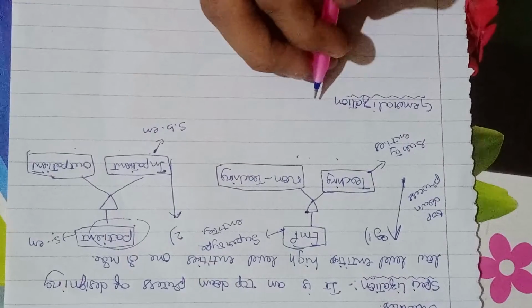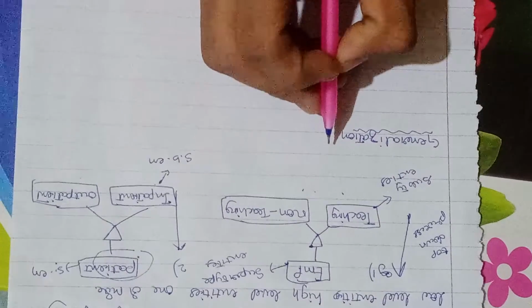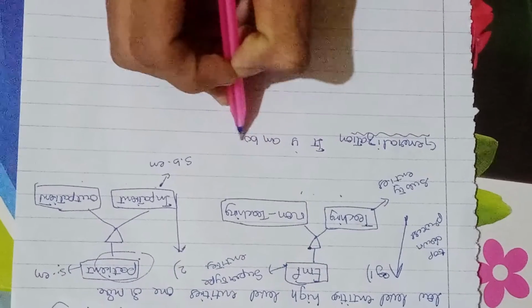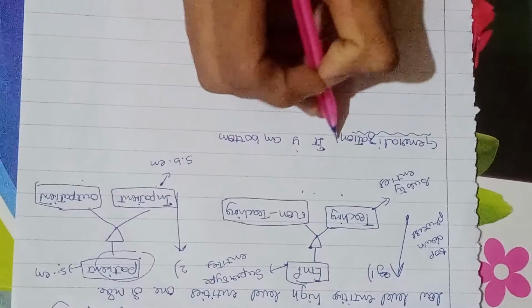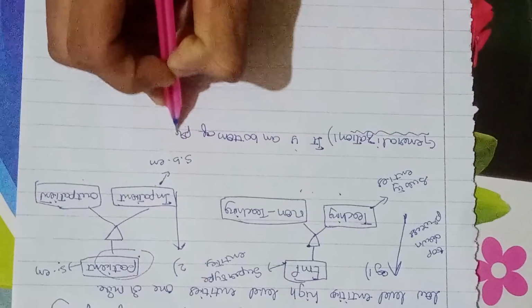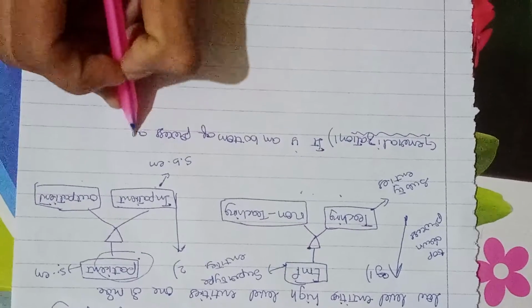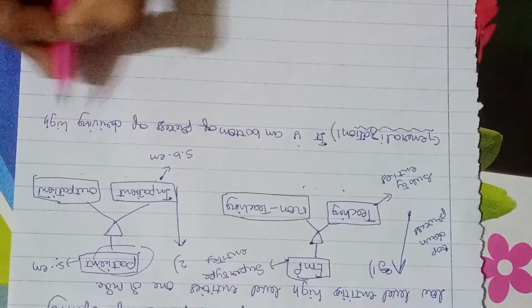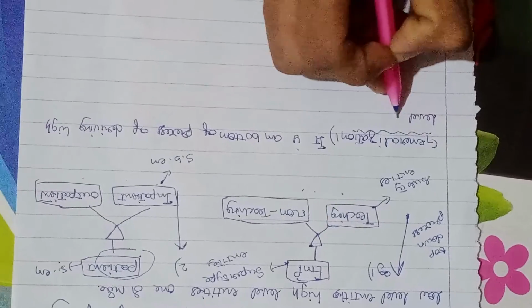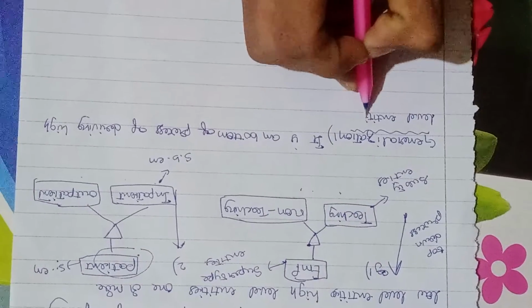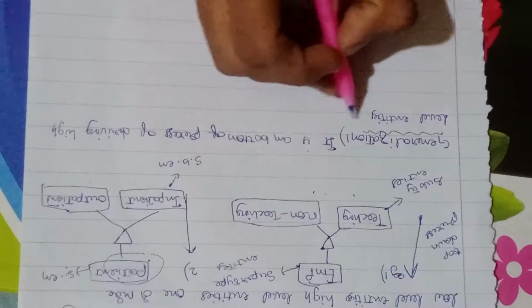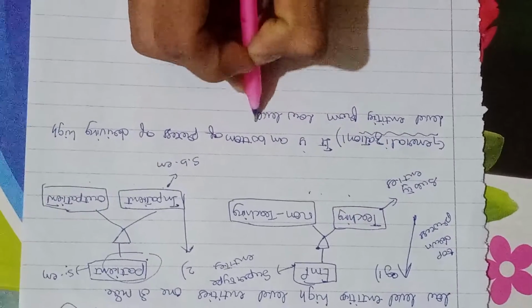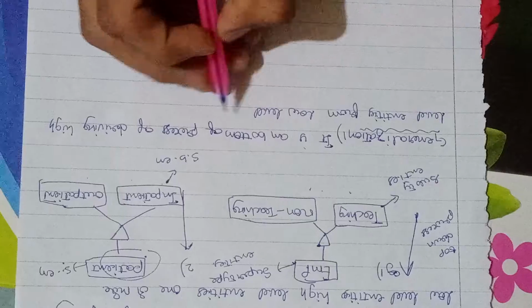First, we can write the definition. It is a bottom-up process of deriving high-level entities, meaning supertype entities, from low-level entities, subtype entities.